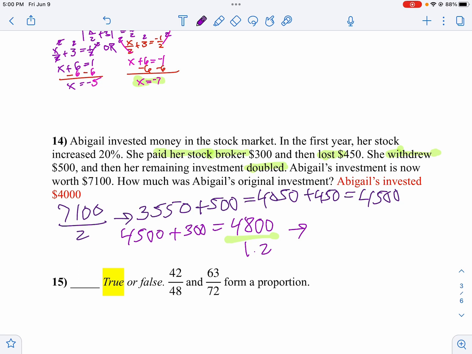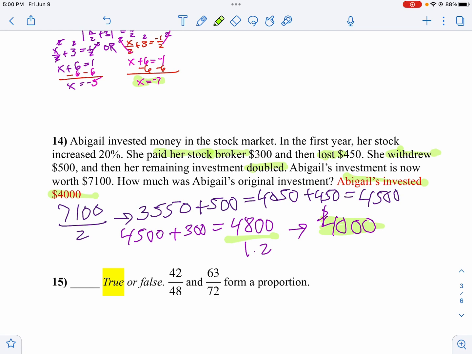So if I take 4,800 and I divide it by 1.2, she had $4,000 in her account to start with. And since it's a word problem, answer that in a complete sentence. We're going to say Abigail invested $4,000 to start with.